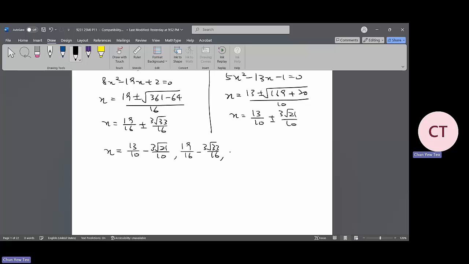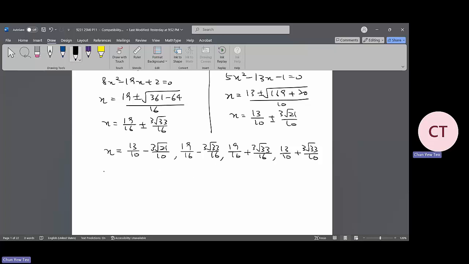Actually, you just convert to decimal, then you can compare the difference already. This is the third smallest. And this is the largest. So they are in the ascending order.